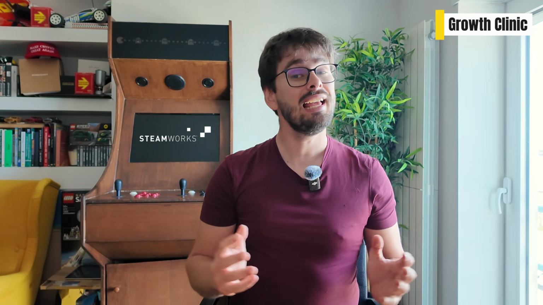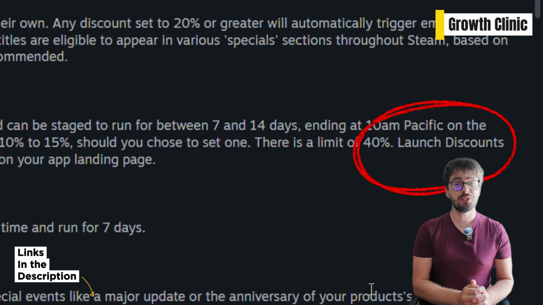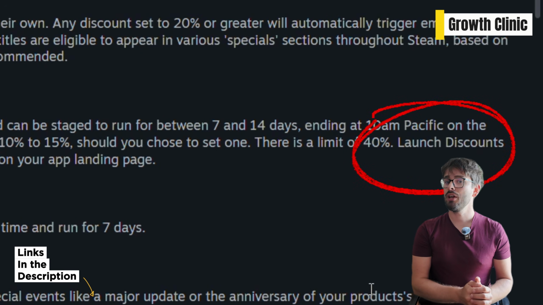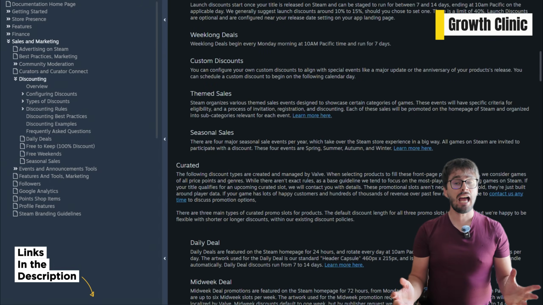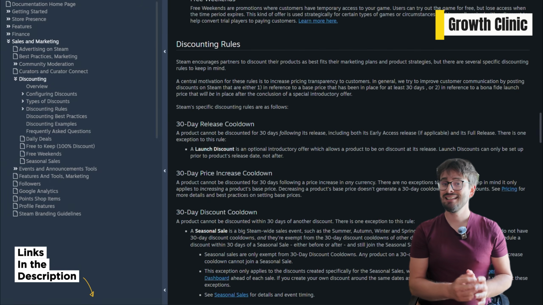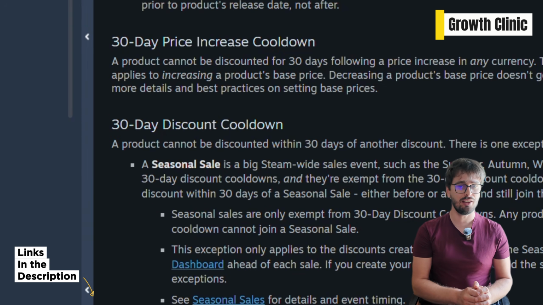There's a set of rules in the Steamworks documentation that most developers don't read carefully until they need it and it's already too late. Steam's launch discounts are capped at 40%. You can configure the duration between 7 to 14 days. And after your launch discount ends, there is a 30-day cooldown before you can run any additional discount.